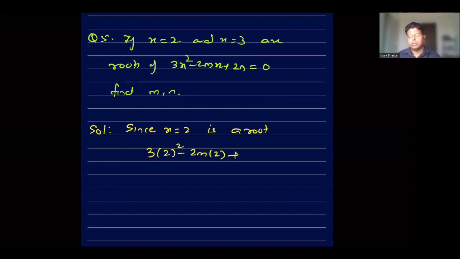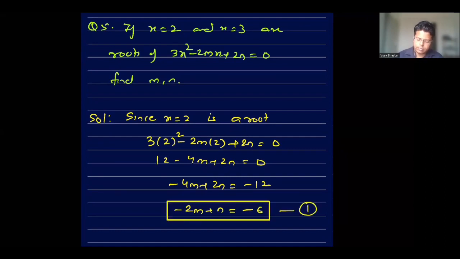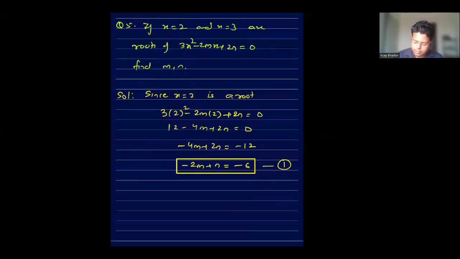Where x is written, we substituted 2, so this will be 12 minus 4m plus 2n equal to 0. So we'll get one equation. I can simplify a little bit, I divide by 2, so I'll get this as the first equation. Correct.